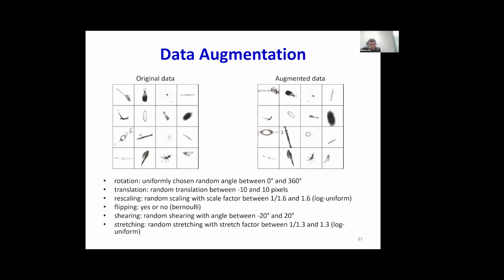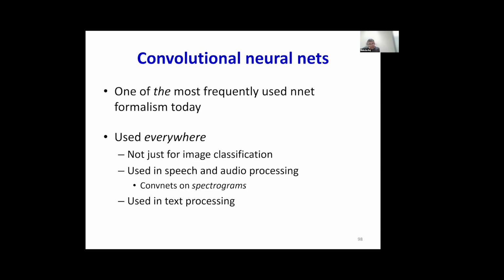So for example, over here, I'm not sure I can make out what these classes are, but you can make out that in each of these examples, the class identity has not changed after the transform. So we tend to augment the data by modifying the data, right? And we use that to train the network.